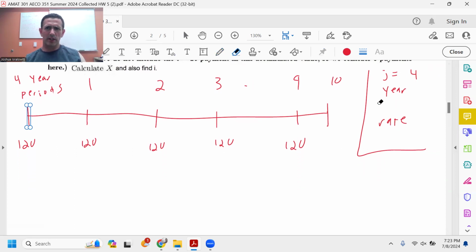It's just more annoying, really. All right, so it's 120. So 10 4-year periods, S10 payments at the beginning of each year.